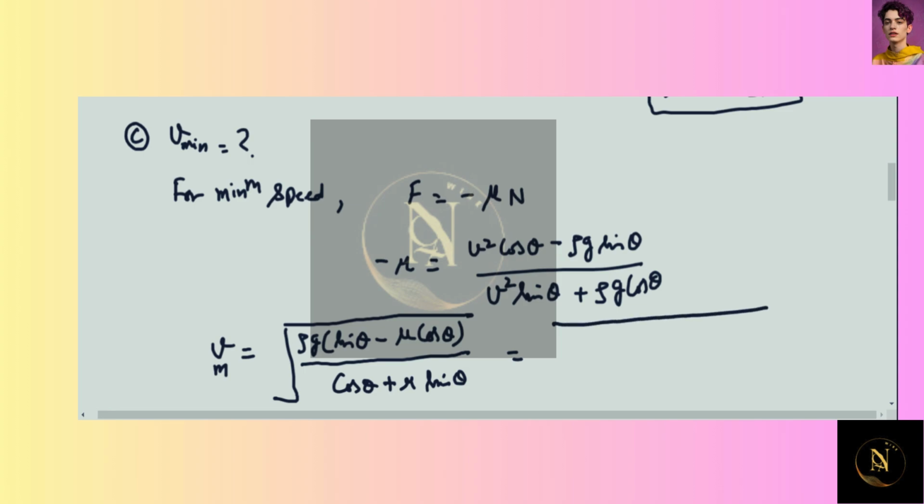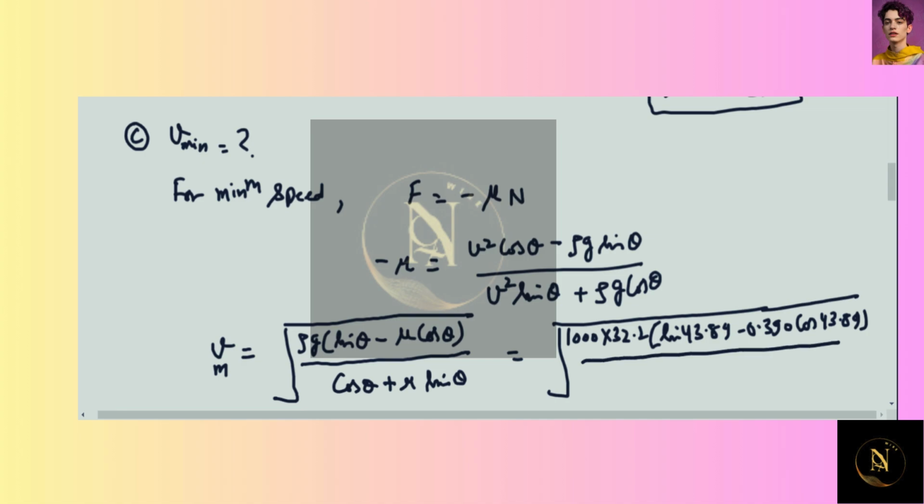Substituting the value, radius is 1000, g is 32.2, sine of 43.89 minus mu 0.390 cos of 43.89 divided by cos of 43.89 plus mu 0.390 sine of 43.89.